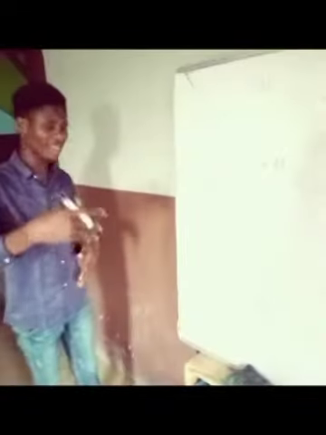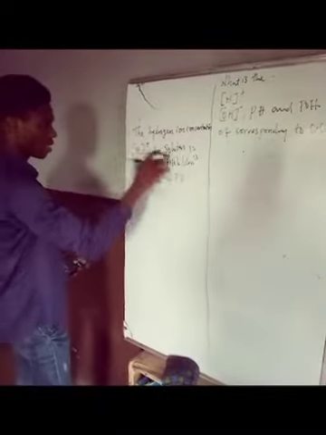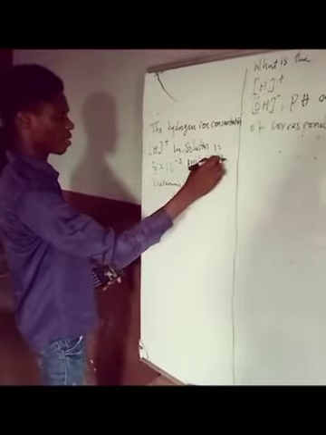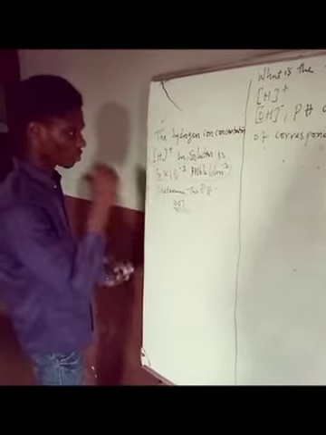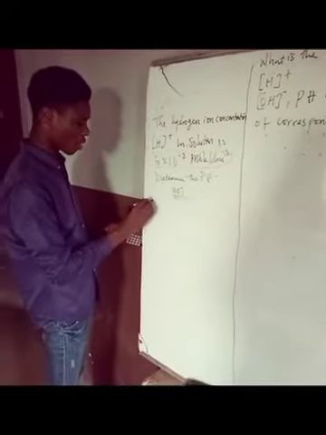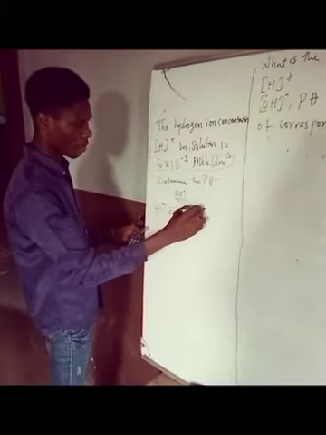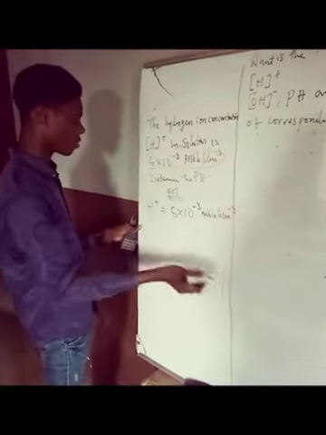So we are still going to take one more example. The hydrogen ion concentration in a solution is 5 times 10 power minus 3. Determine the pH. This is very simple work, so you don't have any problem here. You are told that the hydrogen ion concentration is 5 times 10 power minus 3 mole per dm cubed.